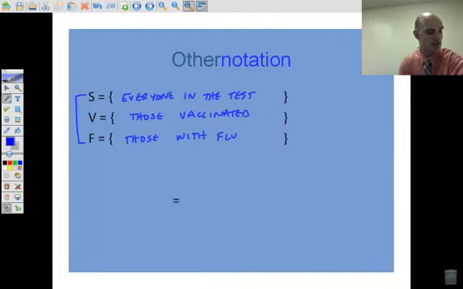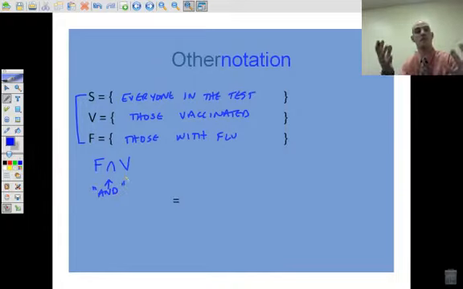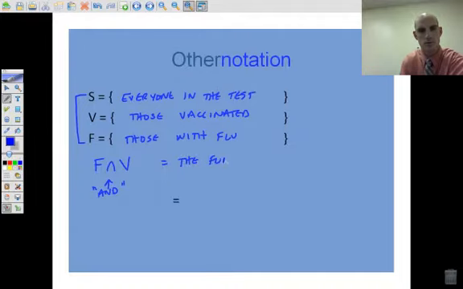The way we calculate this, we're really looking at F and V. This really means "and." This "and" gives us the combination of those two events, not to be confused with the combination we've been talking about. We want F and V to happen: we want the flu and vaccinated, because we want both of those things to happen.